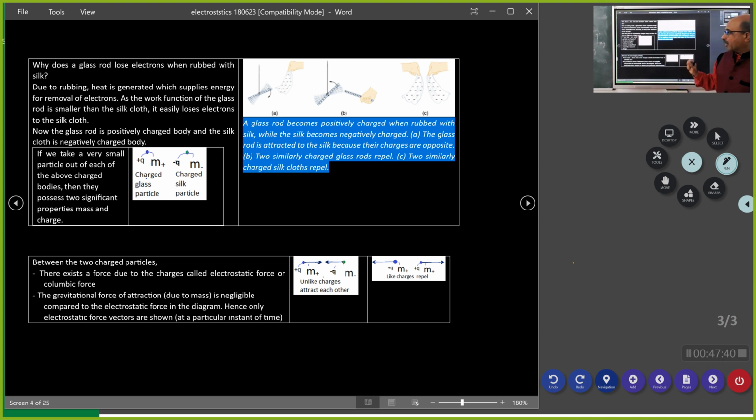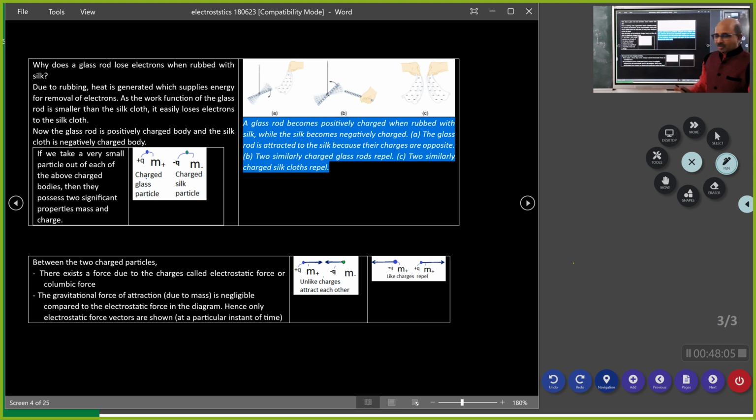If you take a very small particle out of each of the above charged bodies, then they possess two significant properties, mass and charge. So I am representing the two charges. You can see here, the blue one is plus Q, M plus. M plus means mass of the positive charge. Minus Q, M minus means the charge is minus Q and the mass is M minus.